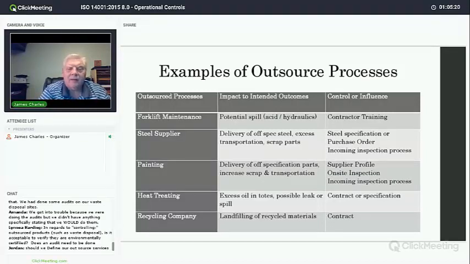Okay, we send parts out for painting. They could deliver us some off-spec painted parts that could increase our scrap rates, or result in additional transportation cost, disposal, or recycling. First place to exert control would be a supplier profile. When we choose to do business with that company, what's our due diligence?